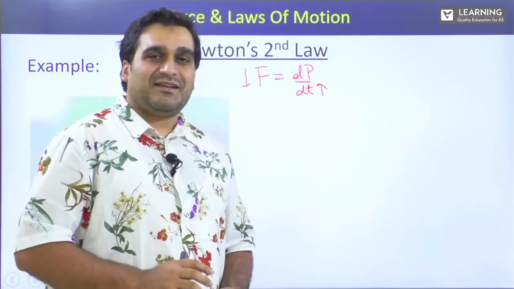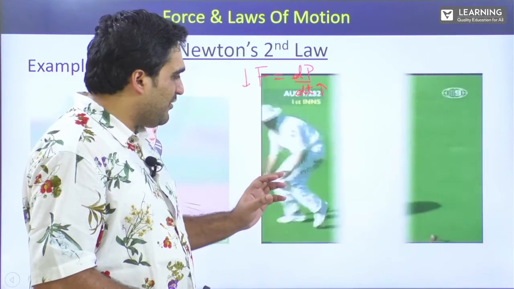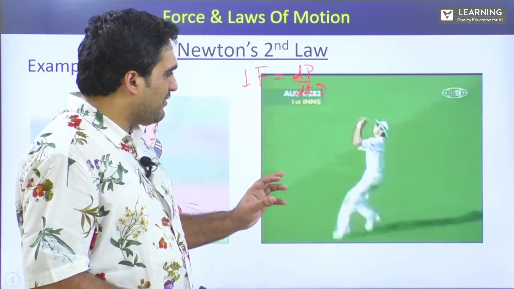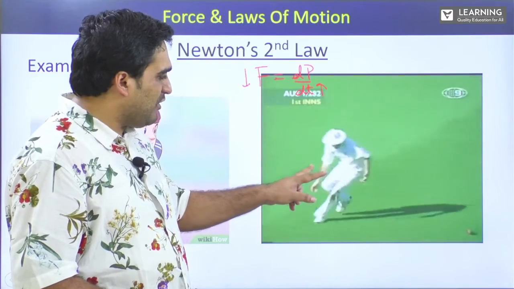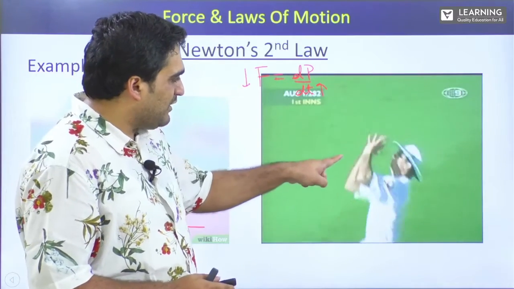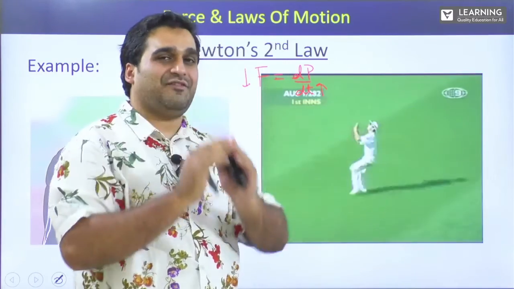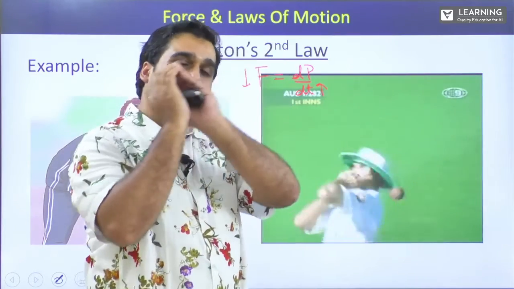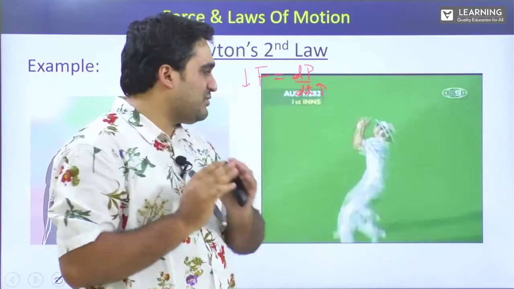Let's take a look at another picture or video of a catch. You see, he drops the catch. Now, why does he drop the catch? Look at that. He drops the catch because he did not lower his hand enough. So when you lower it enough, you reduce the force and it is easy to catch the ball.